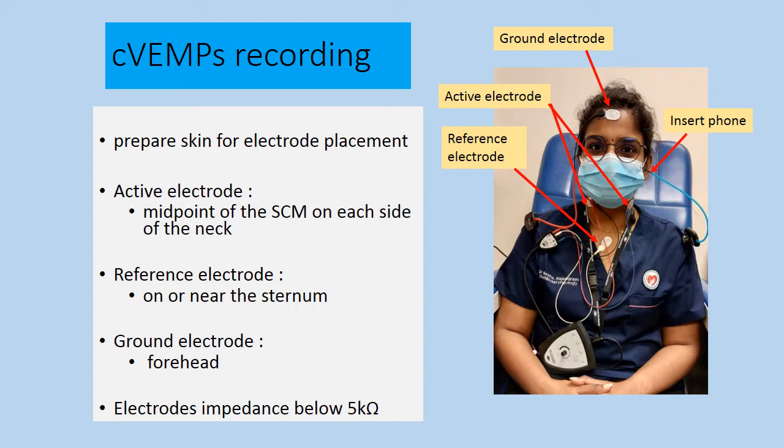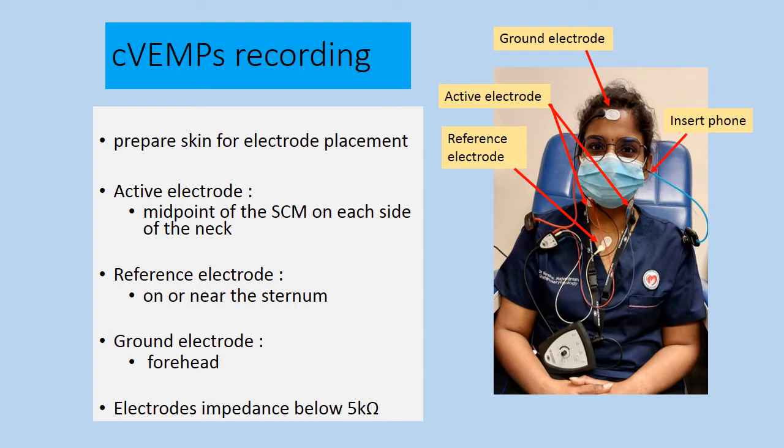To get the SCM muscles, ask the subjects to rotate to the contralateral side, meaning if you want to have the right SCM muscle, ask the subject to turn to the left side so that we can see the SCM muscle prominently. Same goes for the left SCM.